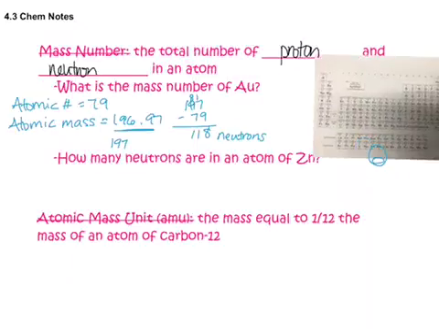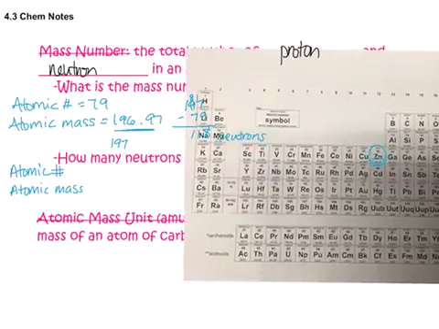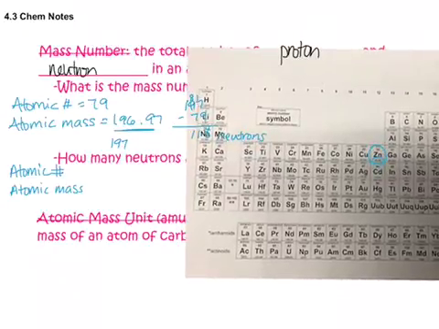Same process for zinc. It's wondering how many neutrons. So we need to find its atomic number and its atomic mass. We can pull up the periodic table and find zinc. And here we have zinc.